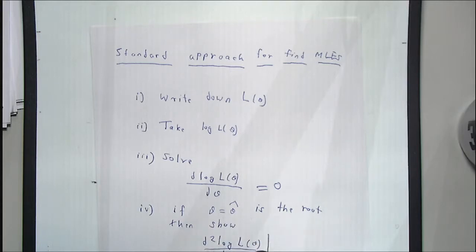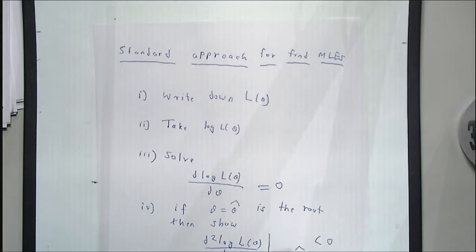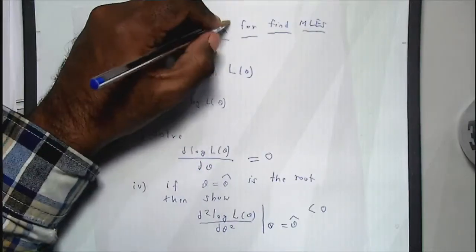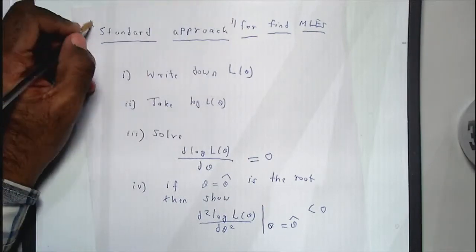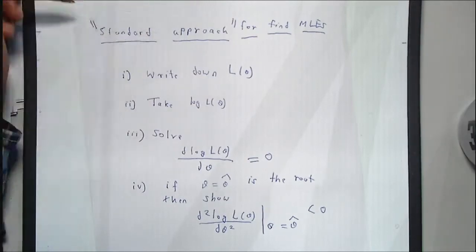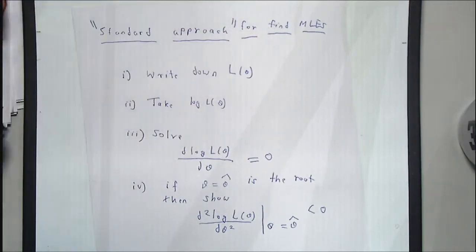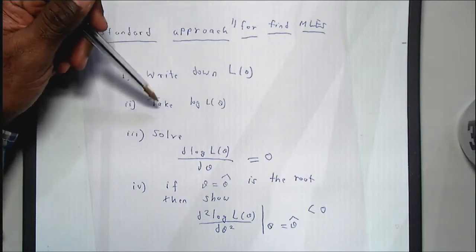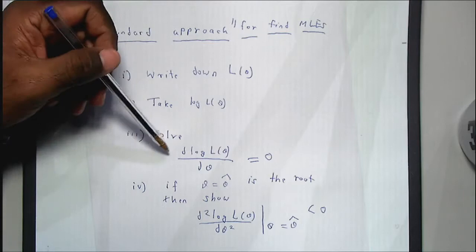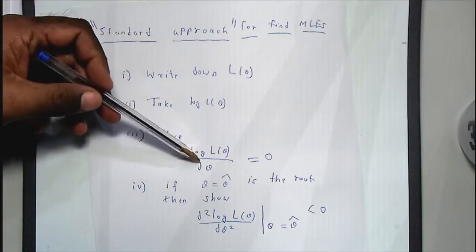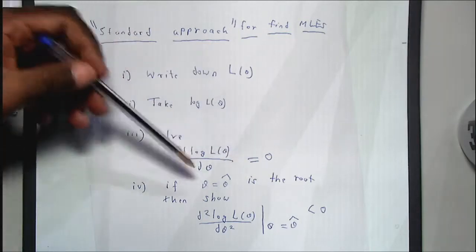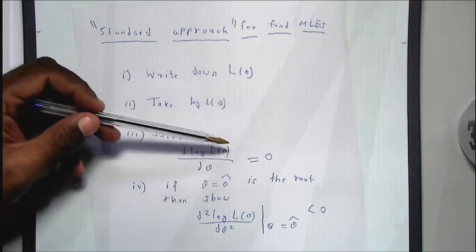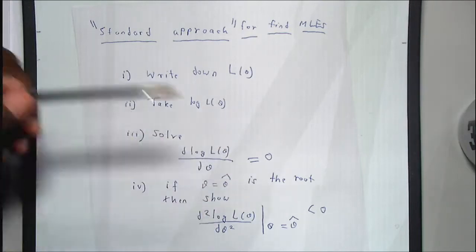All right, this is what is known as the standard approach for finding the MLEs. So you write down the likelihood function, take the log likelihood, differentiate the log likelihood with respect to the parameter, set it equal to 0, and if theta equal to theta hat is the root of this equation, then make sure that the second derivative is negative.